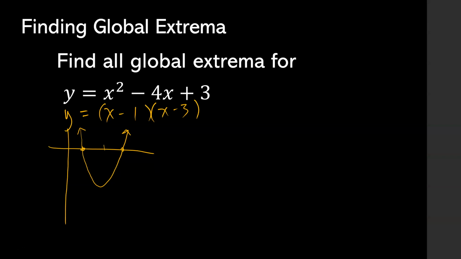So after we think about the graph we're given, let's find y prime. I'm going to use the original x squared minus 4x plus 3, so I don't need a product rule. The derivative of x squared is 2x, and the derivative of negative 4x is negative 4. The derivative of the constant 3 is 0. So we're going to say let y prime equal 0, and by the way, y prime is always defined.